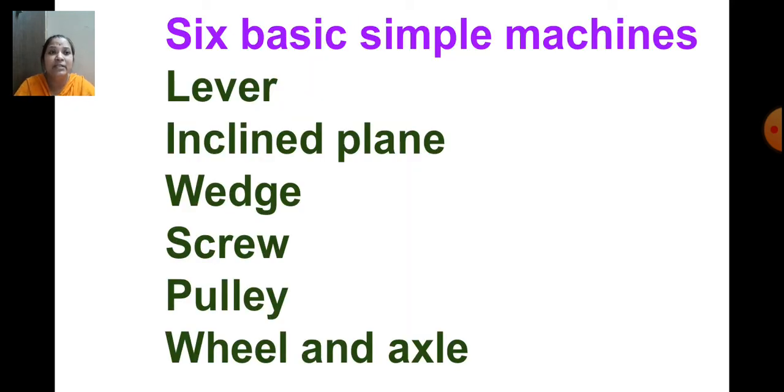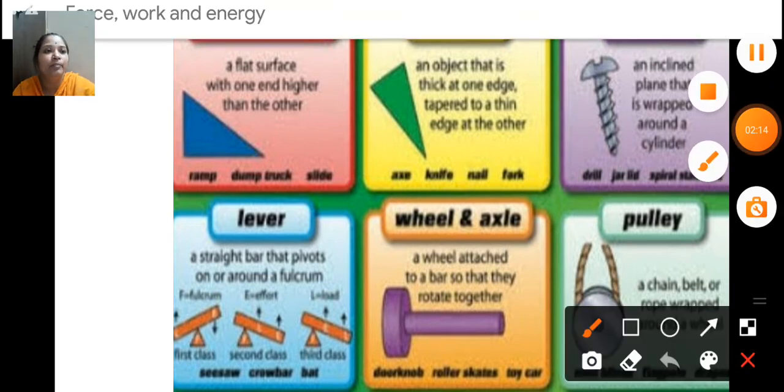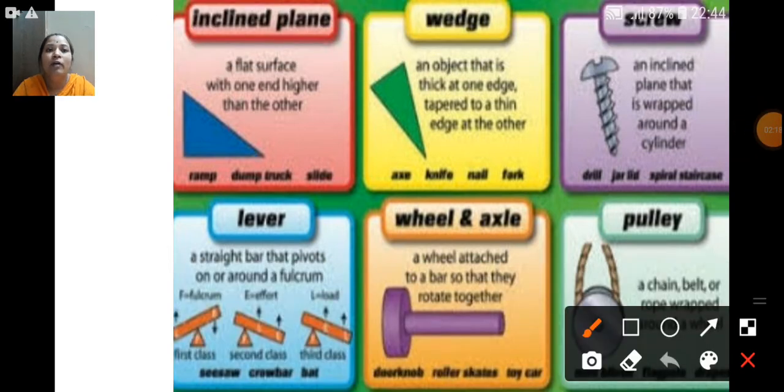Now 6 basic simple machines are lever, inclined plane, wedge, screw, pulley, wheel and axle, right? Now inclined plane, if you can see here in this picture, children, a flat surface with one end higher than the other.